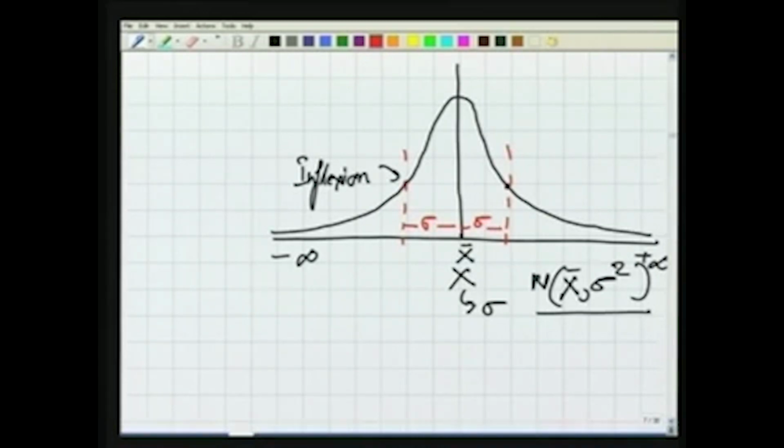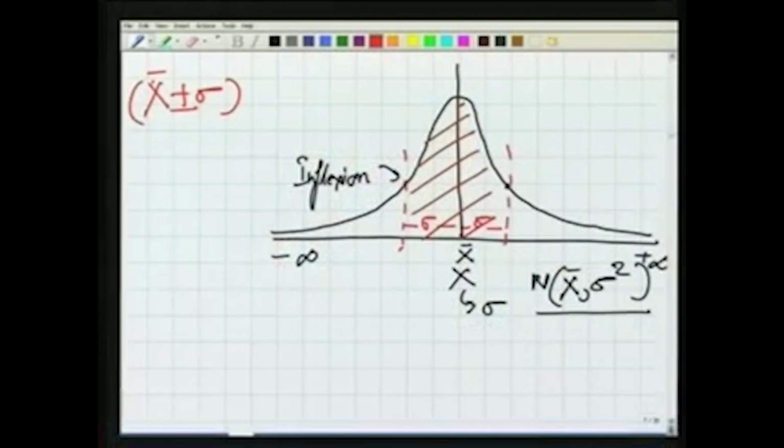Can I really find the area of the curve which is within x bar plus minus sigma? What is the meaning of this? The meaning is x bar minus sigma on this side, plus sigma on this side.